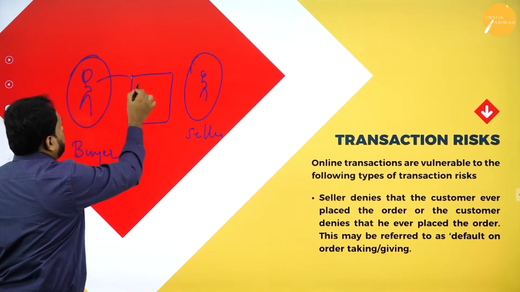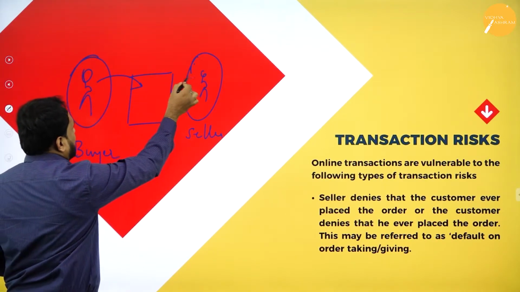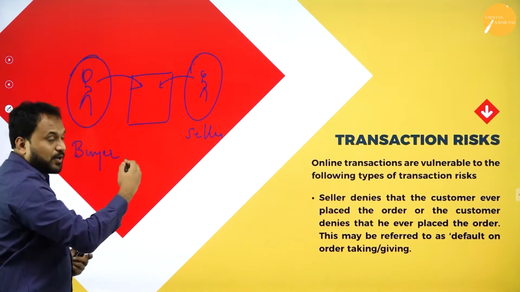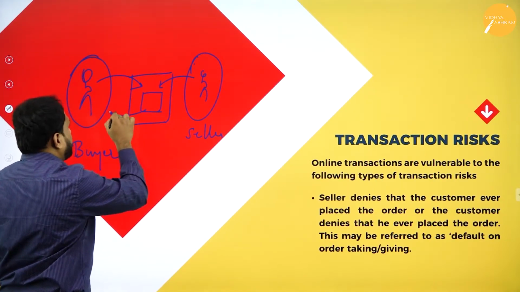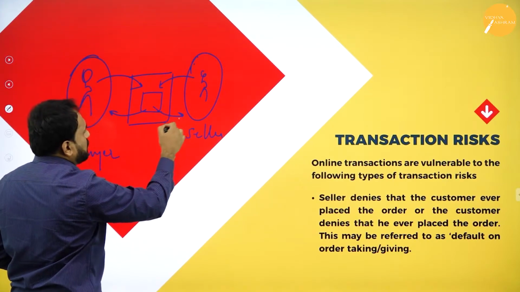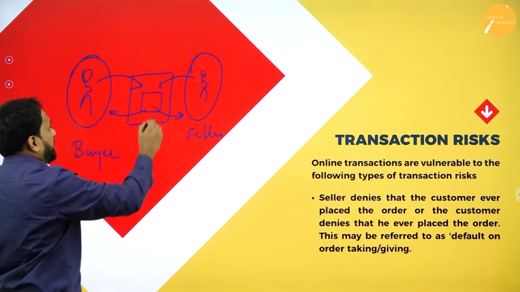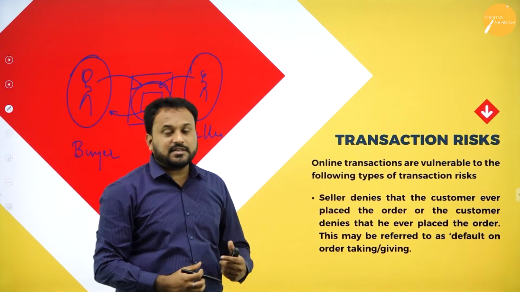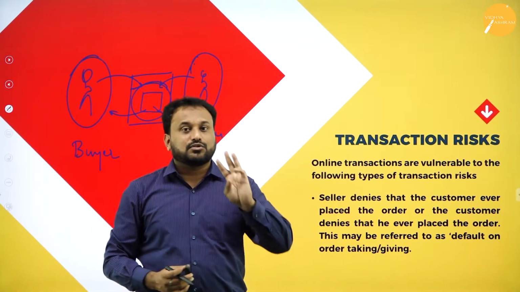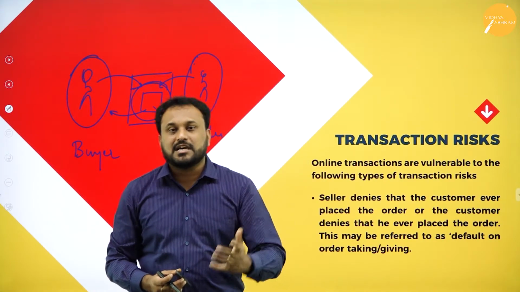Now the buyer will place the order, the seller will give the order, that is the product. Now the transaction happens here, and the product will go to the buyer and the value will go to the seller. Understand the transaction risk. The first thing is, here you have 3 different examples.